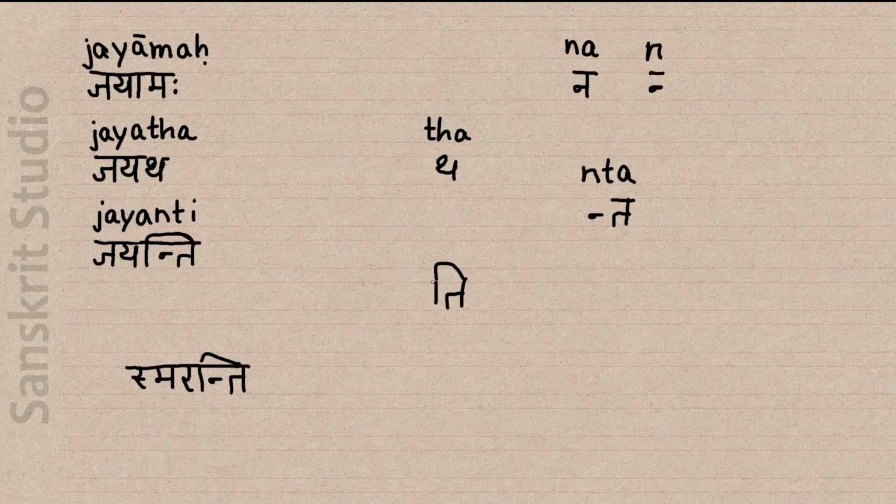All right, we can beautify this a little bit there. Okay, so I think that's more or less what I wanted to say. So the endings for the plural, in the first person, second person, and third person, are jayamaha, jayata, and jayanti.